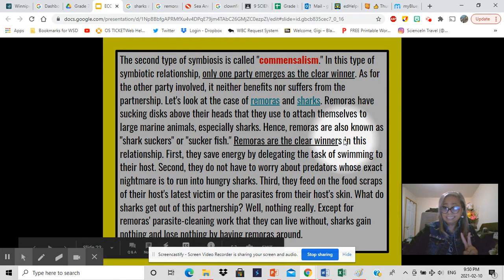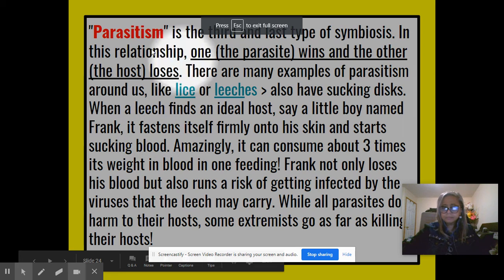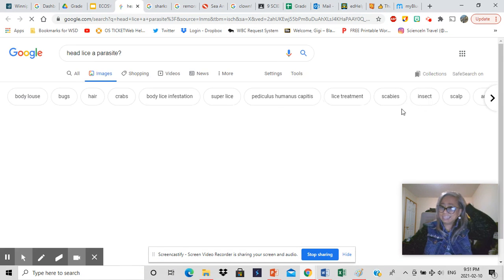So there you go. That's the second type of symbiotic relationship. And then the third one is called parasitism, right? In this relationship, one, usually the parasite, wins, and the other, the host, loses. There are many examples of parasitism around us, like lice. Now, have you ever had lice?